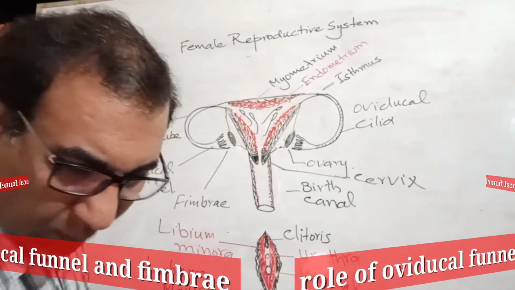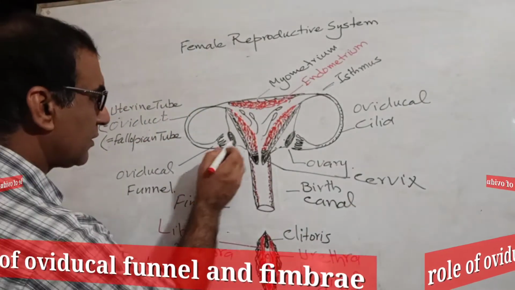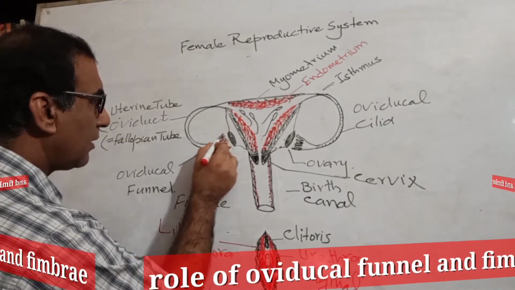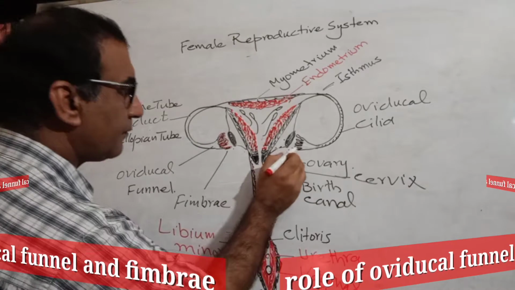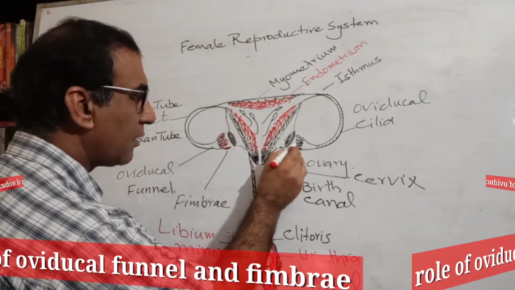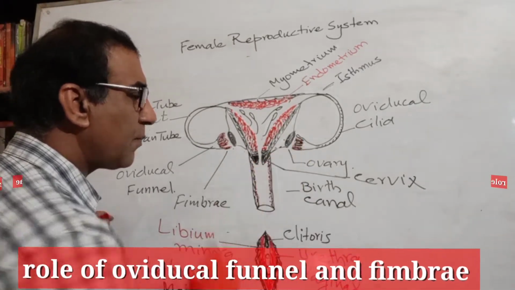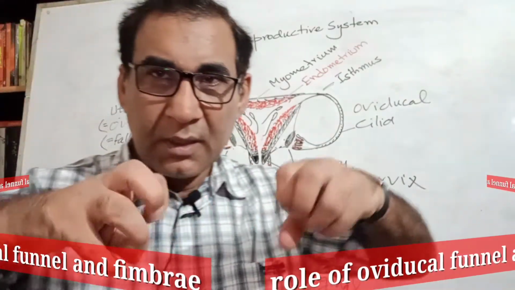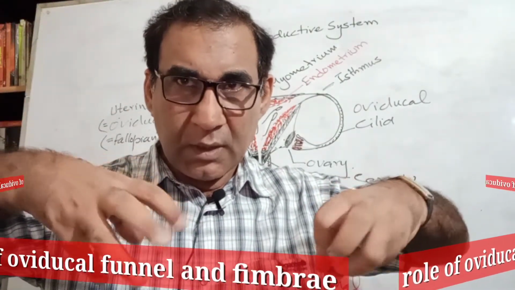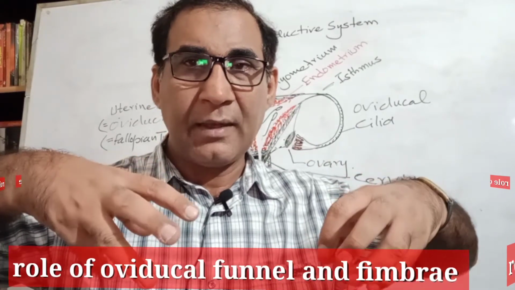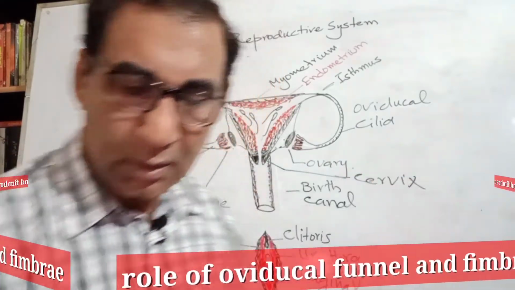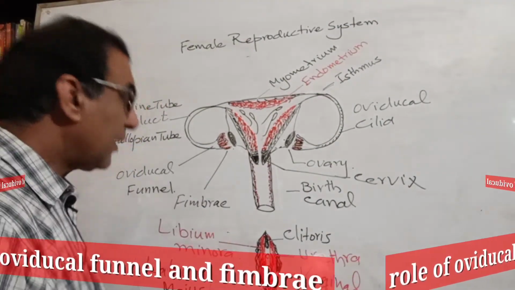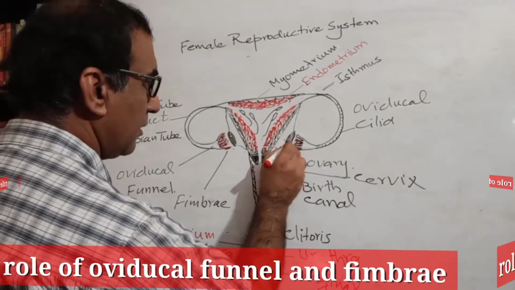You can notice these structures present here. These are the fimbriae. We call them fimbriae. They move like this and capture the ovum which is released from here.